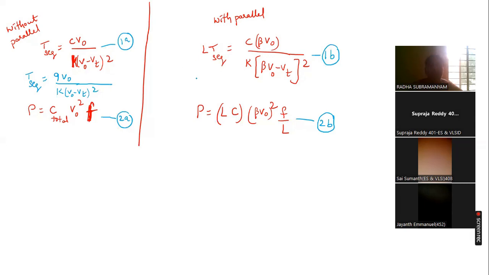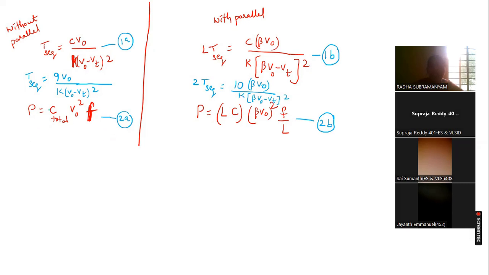So now L value equals 2, 2 level parallel processing. This is T sequence, and the computational time now is 10 times the adder computation time, with beta V naught divided by K into (beta V naught minus Vt) whole square. These are the equations.